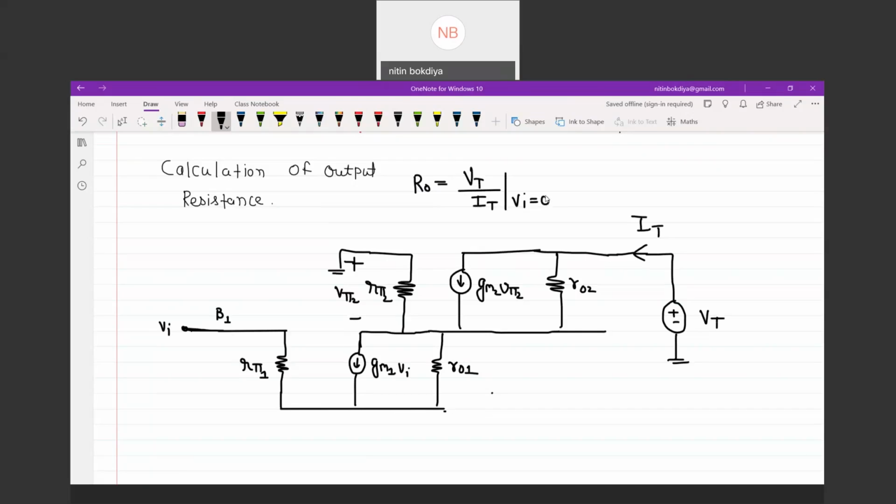So if Vi is equivalent to 0, आप जरा ध्यान से देखें क्या क्या चेंजेस होंगे. If Vi is equivalent to 0, this current source will be 0.